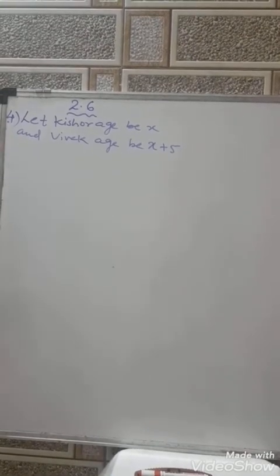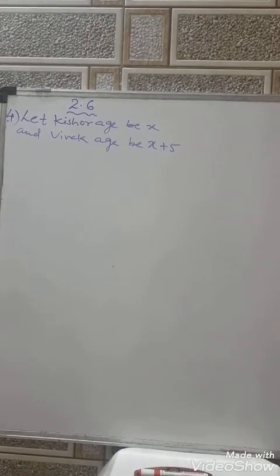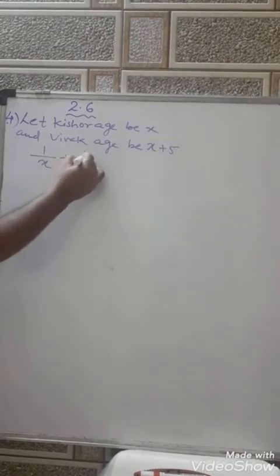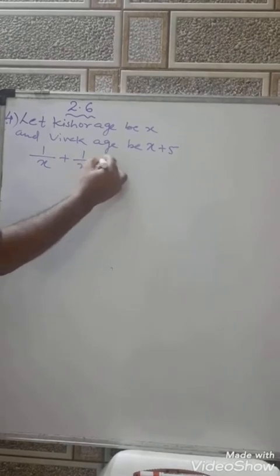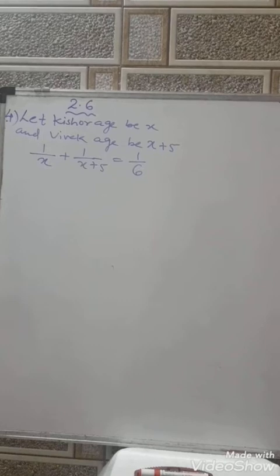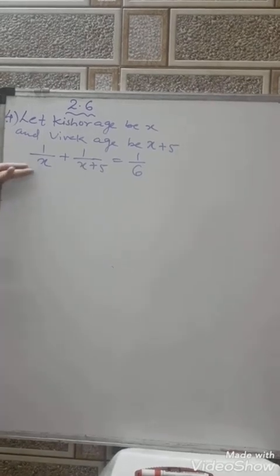So the sum of the reciprocals of their ages is 1 upon x plus 1 upon x plus 5, that equals 1 upon 6. According to the condition, we frame the quadratic equation.